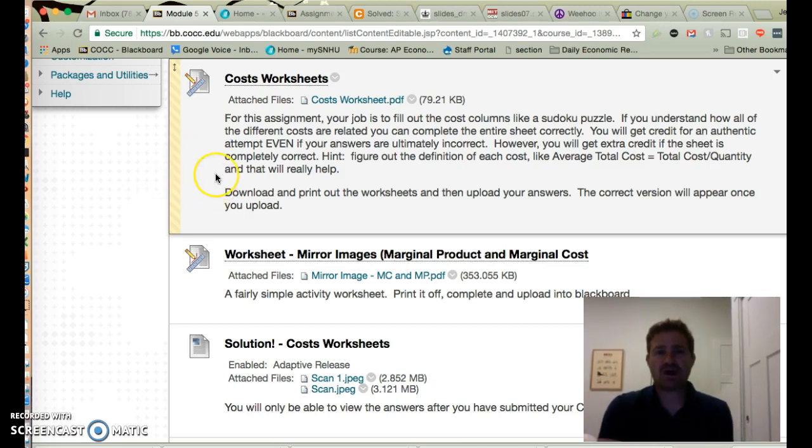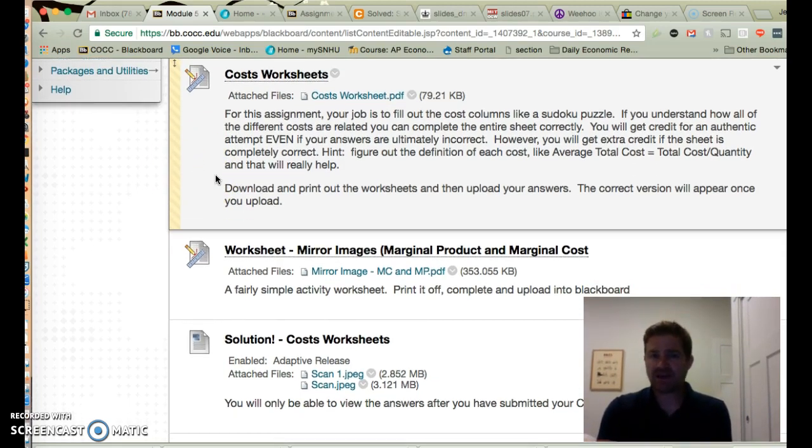On this, I offer some extra credit if you can get your Sudoku puzzle sheet to be completely correct. I would say usually about 20% of the class gets it completely correct, so 80% does not. So if you notice I put there, you're going to get credit for an authentic attempt even if your answers are ultimately incorrect, because it's really the process of learning that's most important.